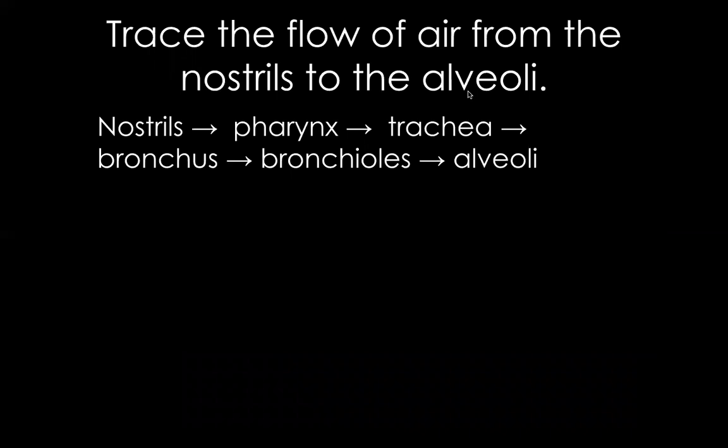You were then asked to trace the flow of the air from the nostrils to the alveoli. From the nostrils or the external nares, the air goes to the pharynx and then to the trachea. The trachea then splits into two major bronchi. And then from each bronchus, it splits into smaller bronchioles and eventually the air is deposited into the alveoli.